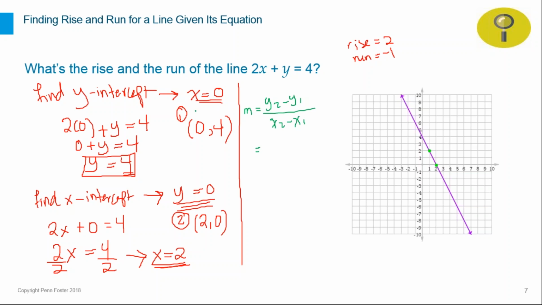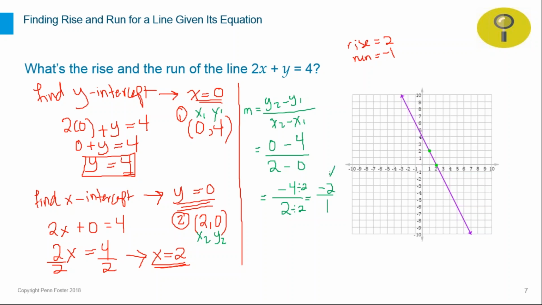We have this as (x1, y1), and this will, of course, be (x2, y2). y2 in this case is 0 minus 4, and then we have 2 minus 0. 0 minus 4 is -4, and then 2 minus 0 is just 2. This is not in simplest form. Simplify the fraction by dividing by 2, divide by 2: -2 over 1.